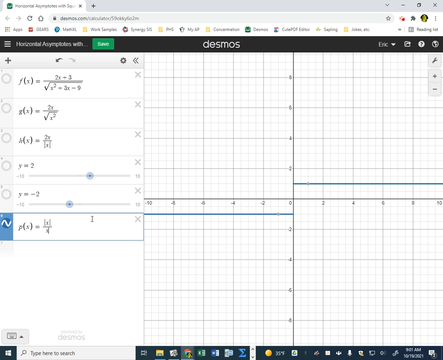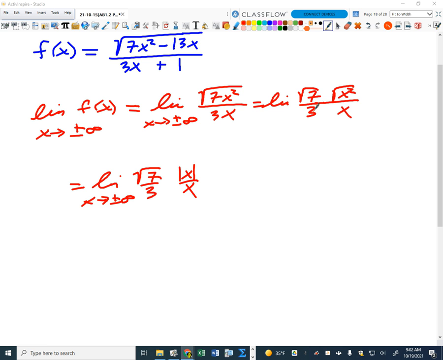Well, if I multiply p of x, that whole thing, times 4, it just increases the amplitude by 4, right? If I multiply it by -4, it's just going to flip it over the x-axis and extend it by 4, right? So what am I multiplying it by this time? Well, I'm multiplying it by the square root of 7/3, right? So I'm just going to get asymptotes here.